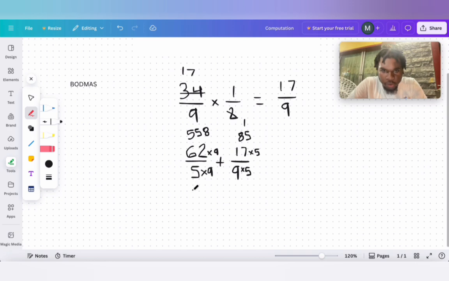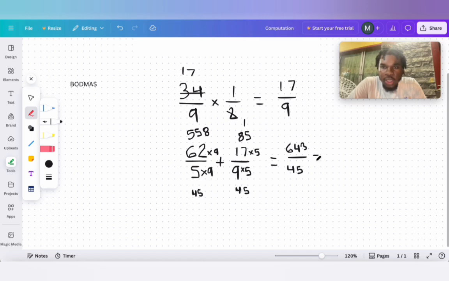And we'll have them over 45. 558 plus 85 is equal to 643. And now we have 643 over 45.